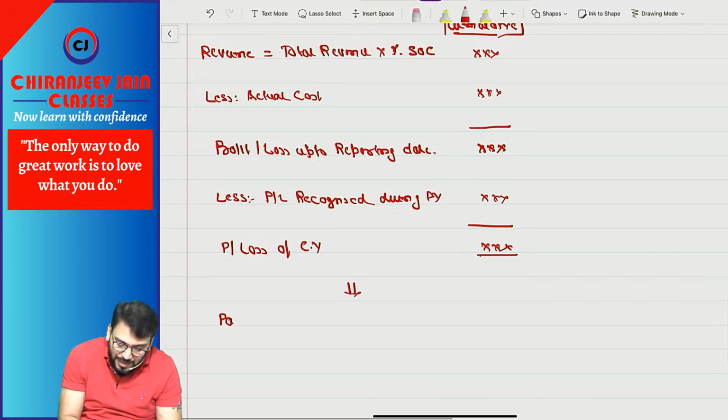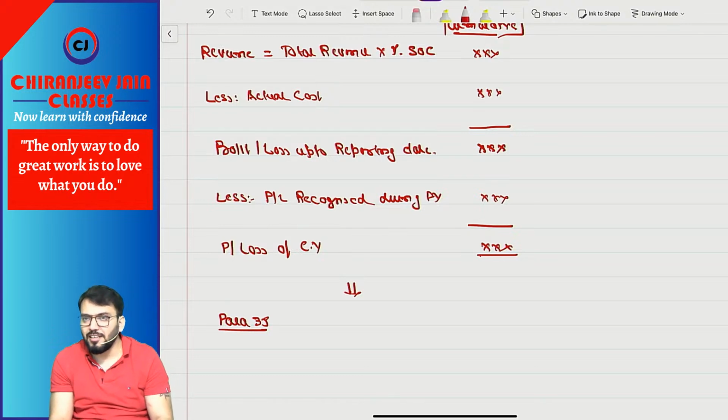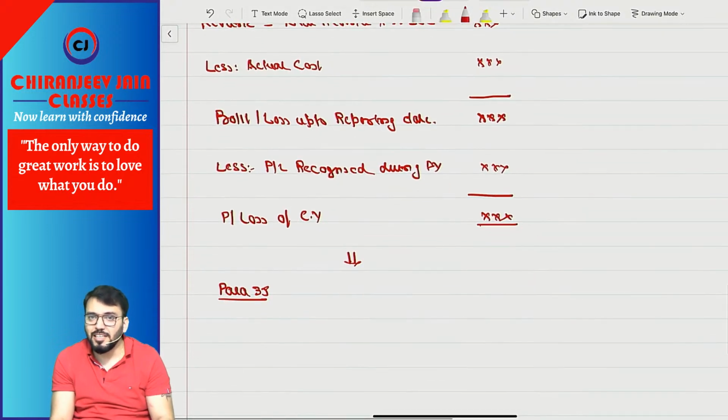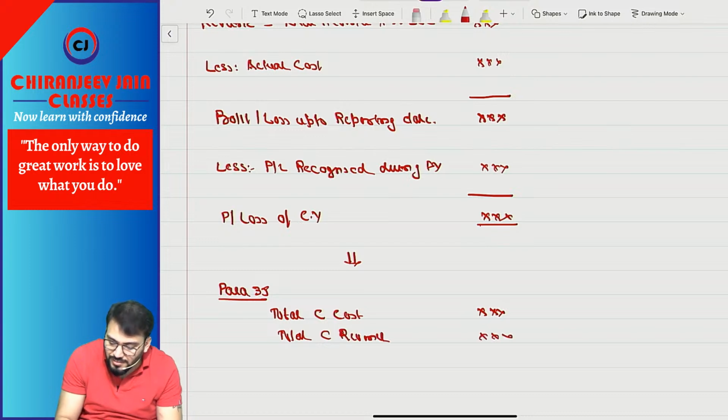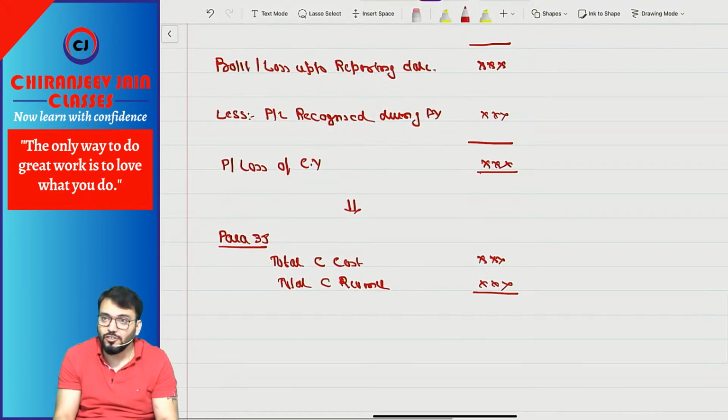Now AS7 says there is one para 35 of AS7. Para 35 you remember. Para 35 of AS7 says that if the total contract cost is more than the total contract revenue, then there is an expected loss.